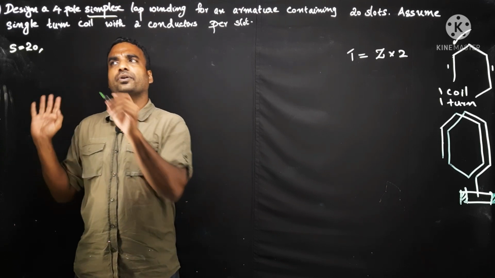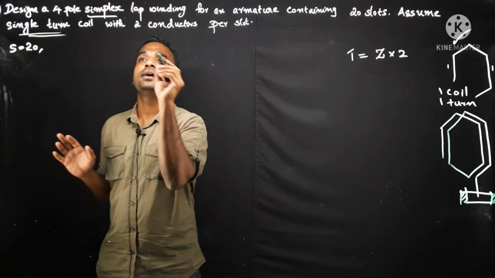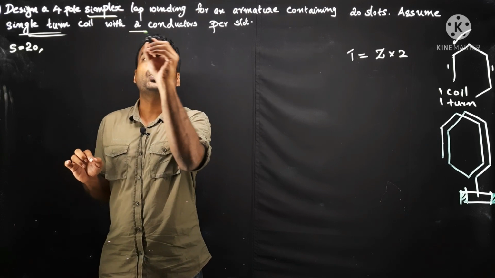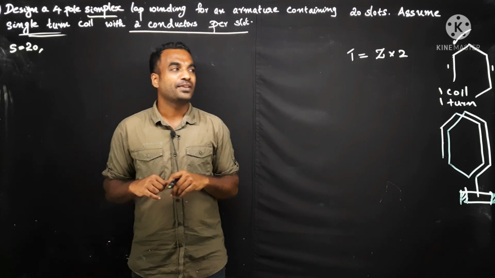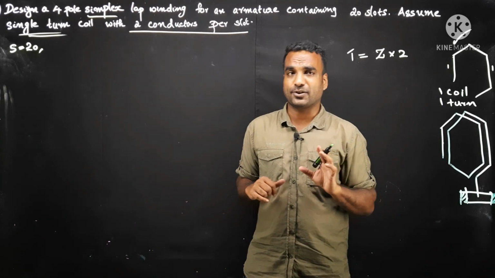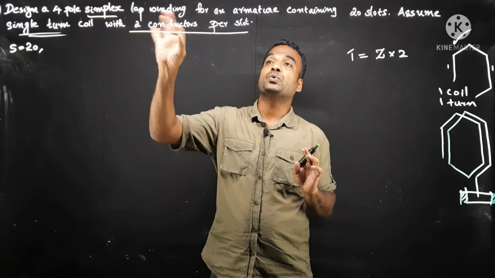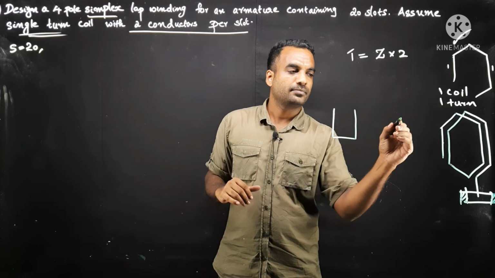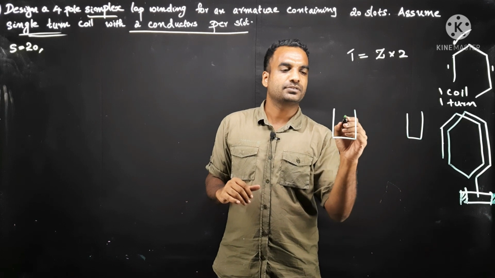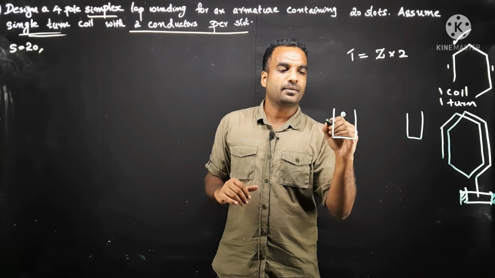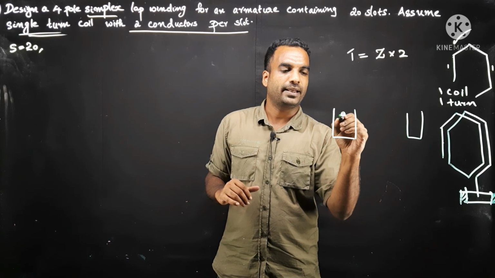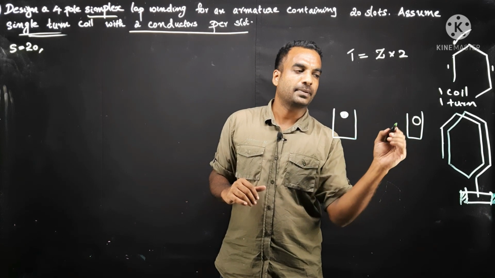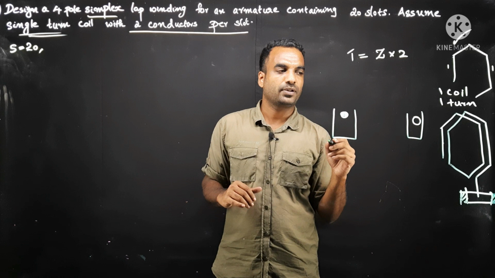singleton coil, okay, no issue, but here we have to be very focused. Two conductors per slot. Even though it is a singleton coil, they are placing two conductors per slot. How is it possible? It is possible because they place one coil like this in a slot and its finishing end is placed correspondingly in the other slot.